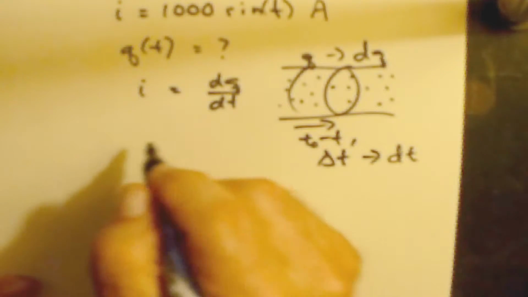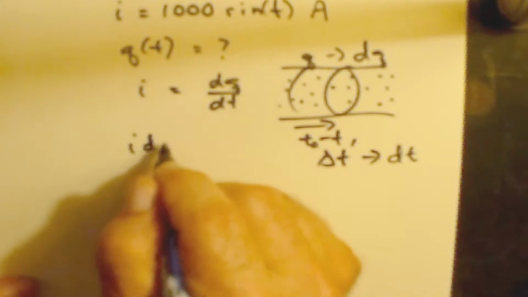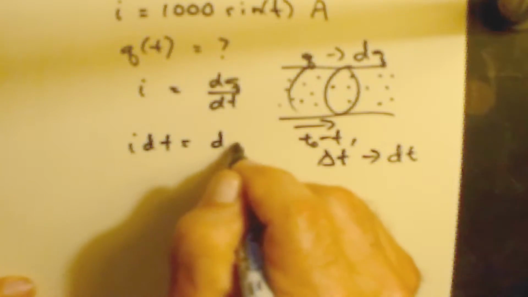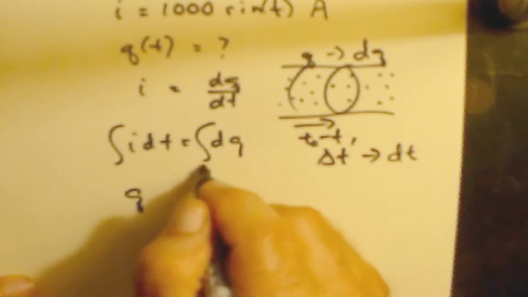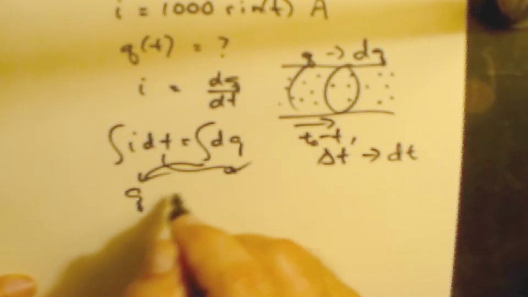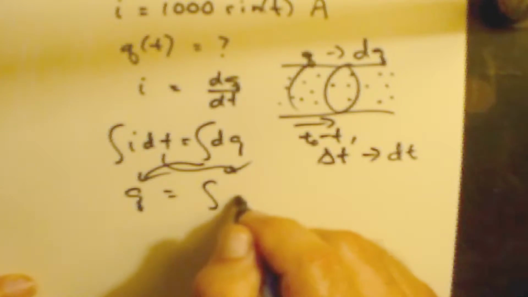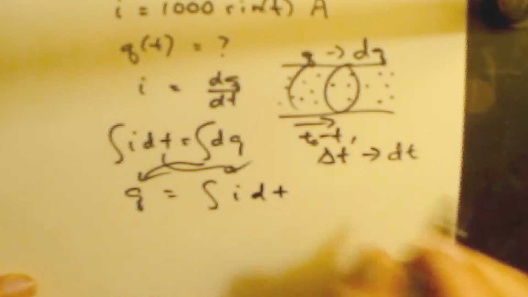So we solve this, right? I dt is equal to dq. Integrate both sides. We have q. We'll switch this over here. That is equal to the integral of I dt. Okay? So I is described by this over here.